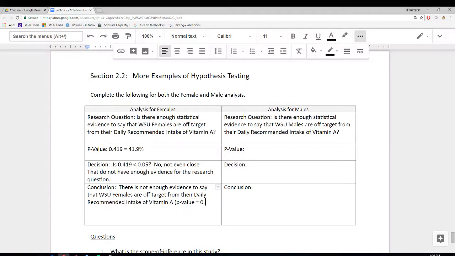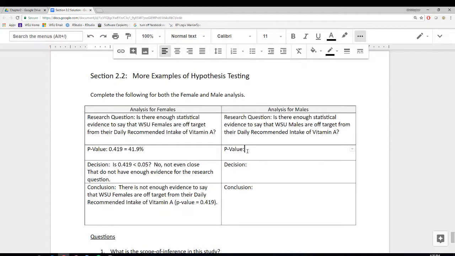And the p-value here is 0.419. So practically speaking, we do not have enough evidence to say that females are off target from their daily recommended intake. How about the analysis for males?